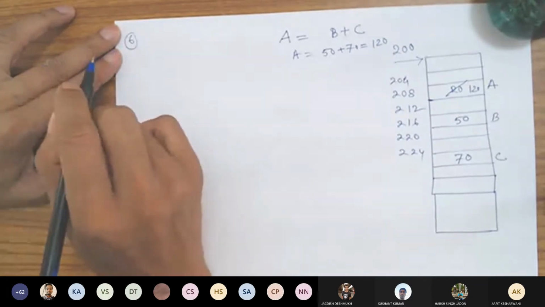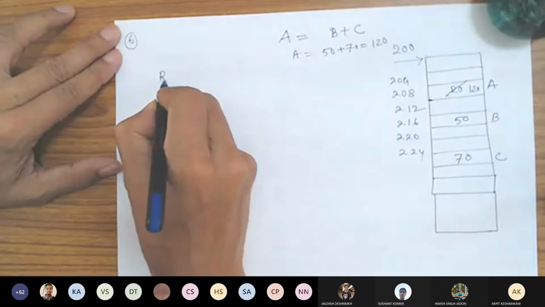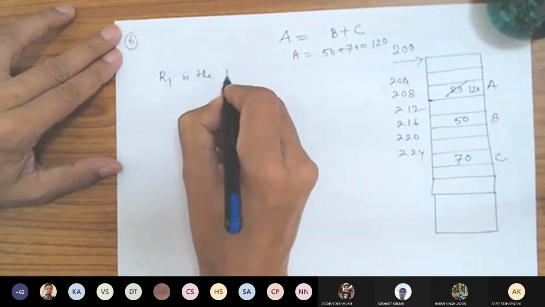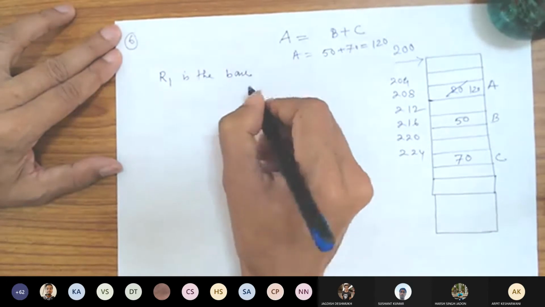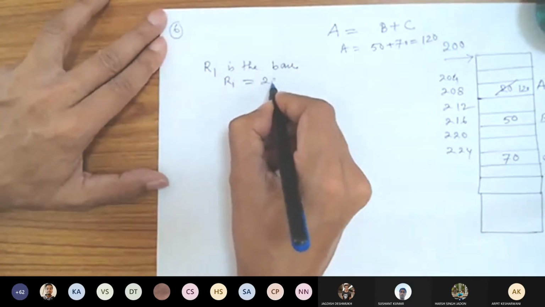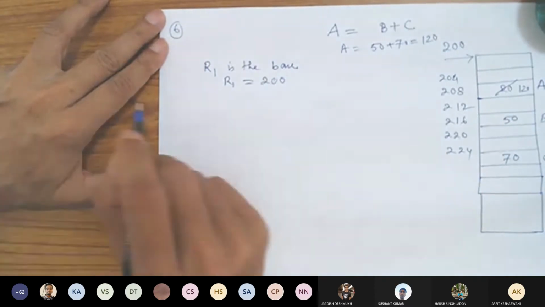So when you write a program, you write like this. Assume that your R1 is the base, and R1 equals to 200. So what do you do?